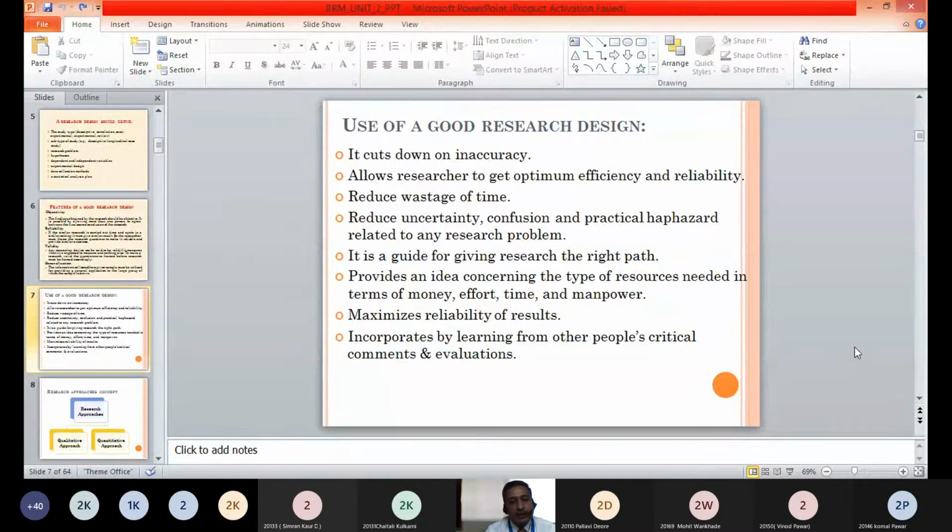So a good research design incorporates all those critical views, evaluations or suggestions by other people. A good research design is one that incorporates the views, comments or suggestions by other people.